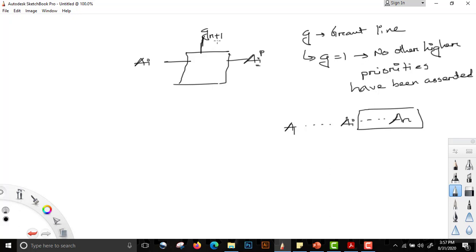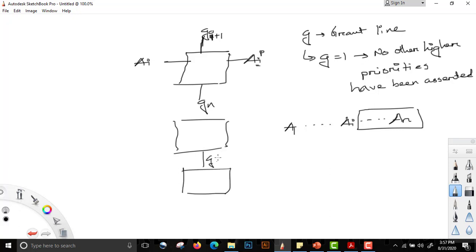That is, if Gi plus 1 is equal to 1, it will indicate that Ai plus 1, Ai plus 2, Ai plus 3 all the way to An are 0. And the output we are considering is Gi. This output, logically speaking, would be equal to 0 if Ai is equal to 0. If Ai is equal to 1, this output will depend on this, because we are considering we have multiple blocks like this.